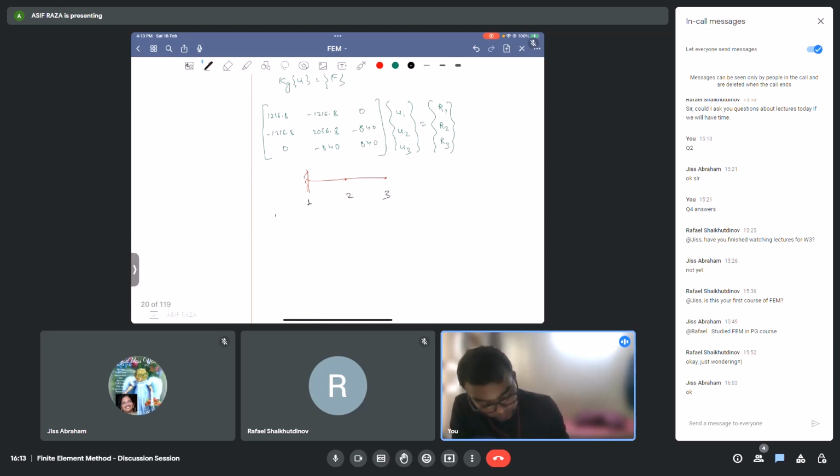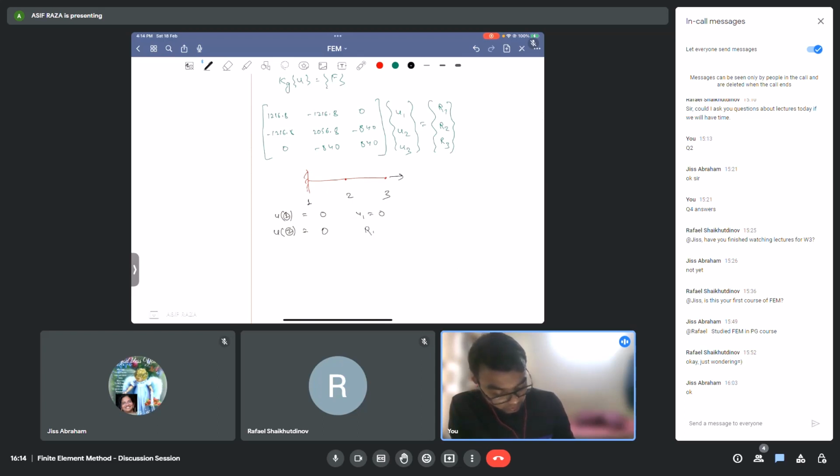We have at node 1, u1 would be 0, and the force applied at node 2 is nothing, so that is also 0.